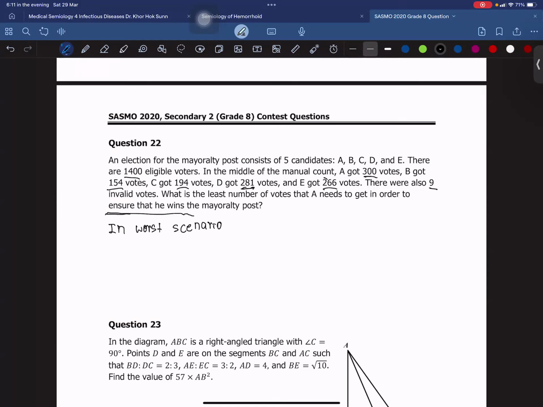Because A is leading B by 19, because 300 minus 281, and then 9, 10 is 9 and 1, 0. So D needs 20 votes to beat A.